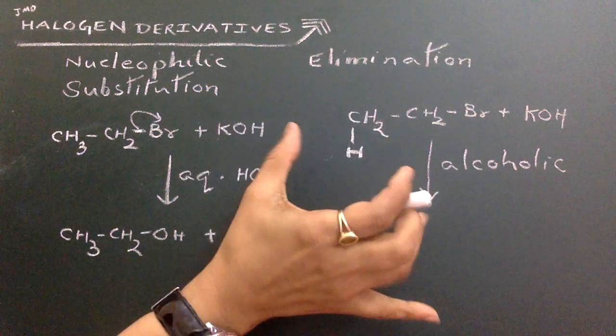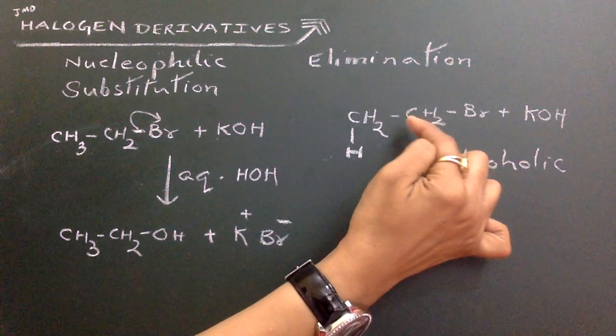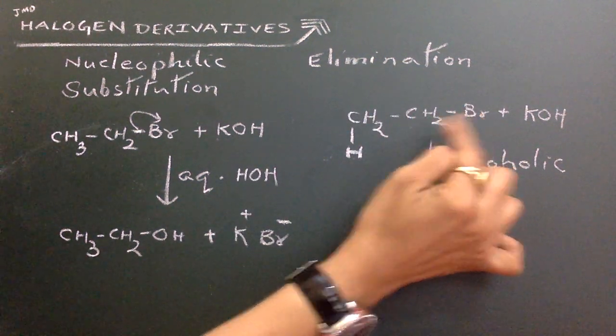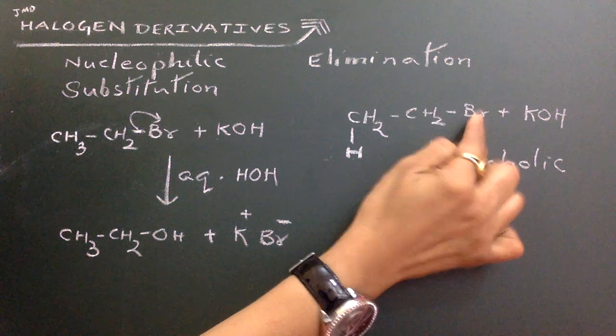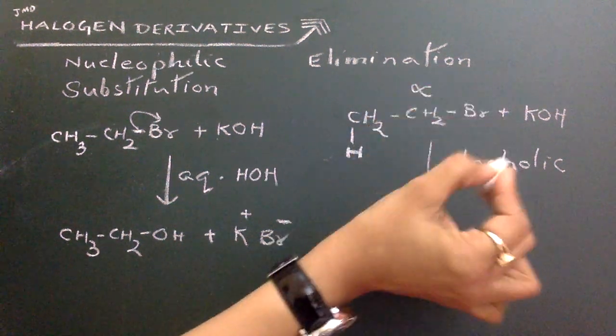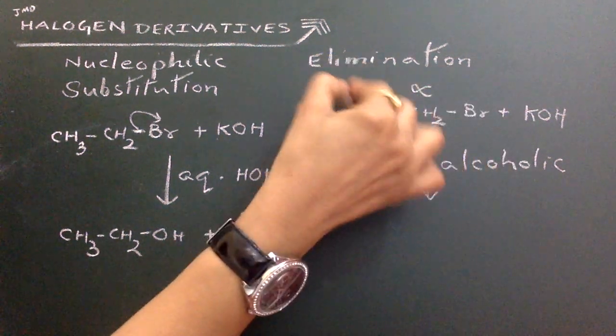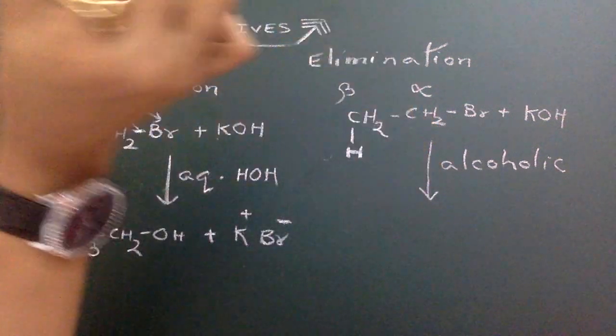Let us understand the molecule of ethyl bromide. Carbon carrying halogen, as you all know, is known as the alpha carbon, while the carbon adjacent to the alpha carbon is called the beta carbon.